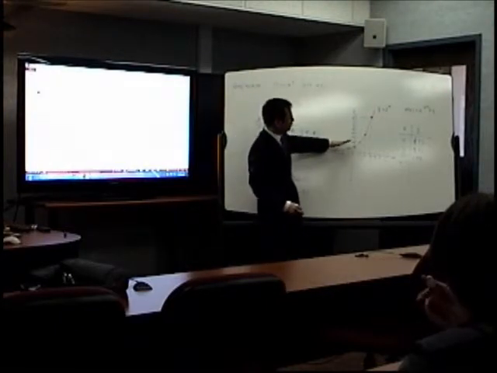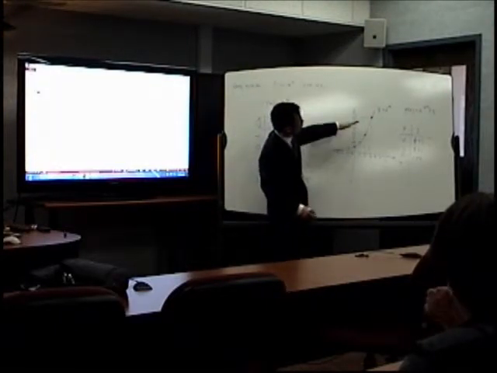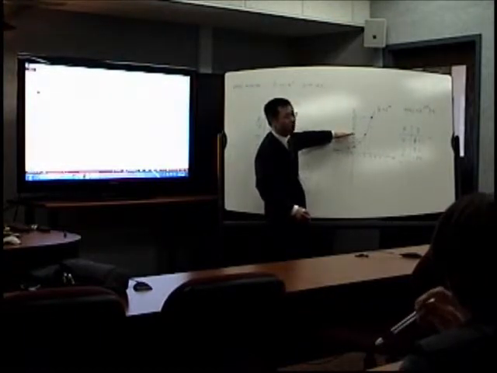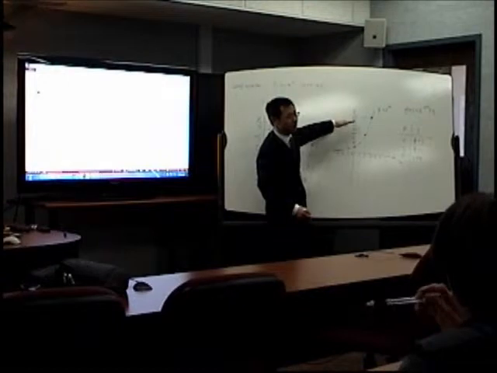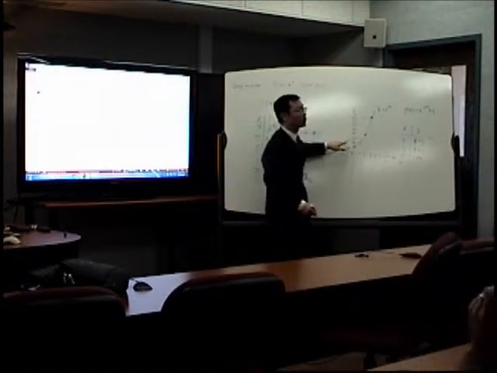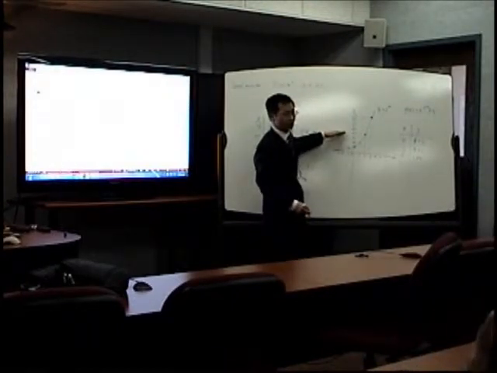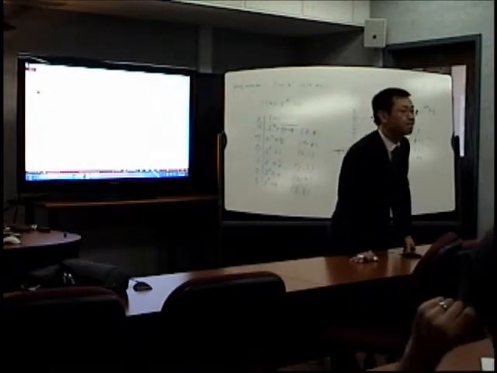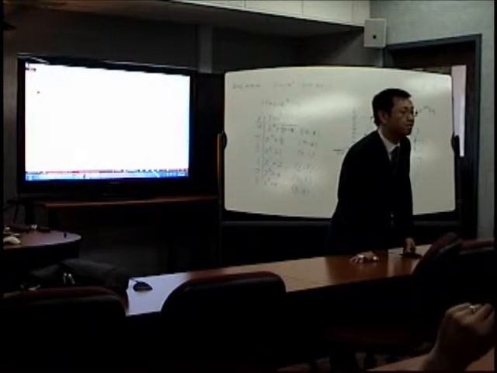So if you add 3 on all the y values, you're going to shift the whole picture 3 units up. Make sense? Because every single point will be added by 3. So, question? Does that mean that it just raises exponentially more quickly?